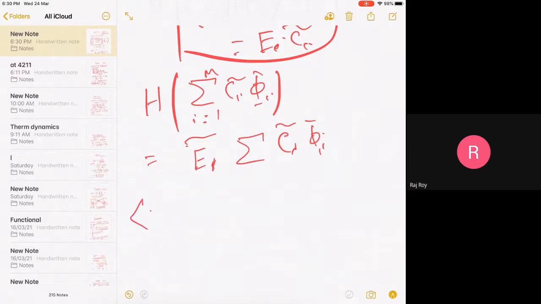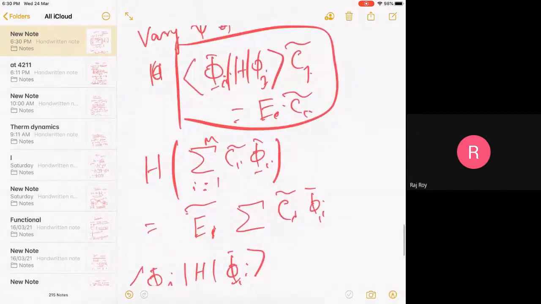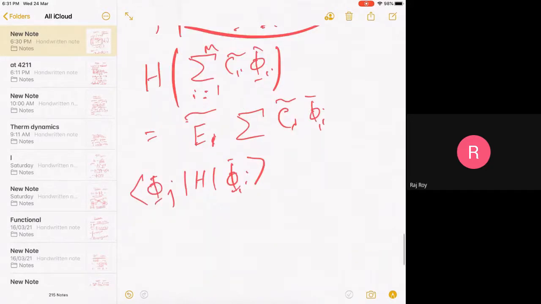So you project this with a member of the basis function. So phi j h phi I ci tilde, sum over I, this sum is there, equal to E tilde. Then if I do this, this gives you Cj tilde, because phi j phi I is delta Ij.